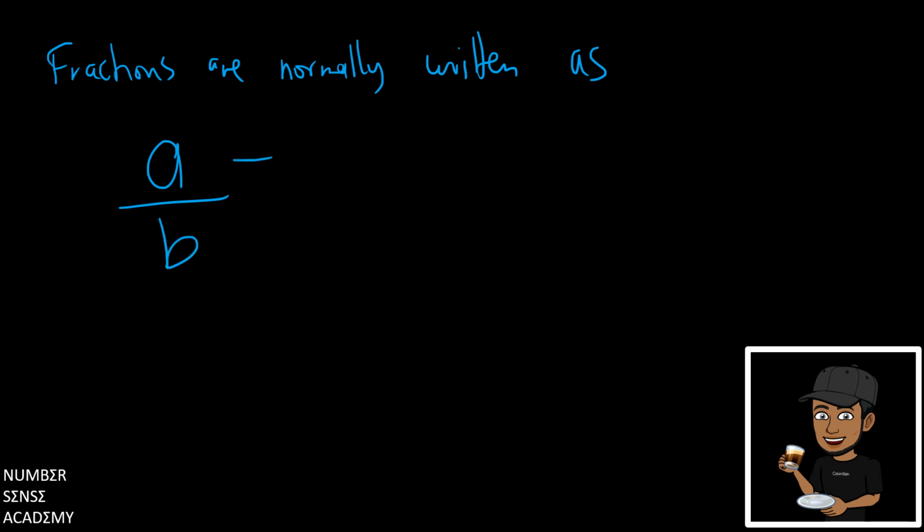So a is called the numerator, and b is called the denominator.